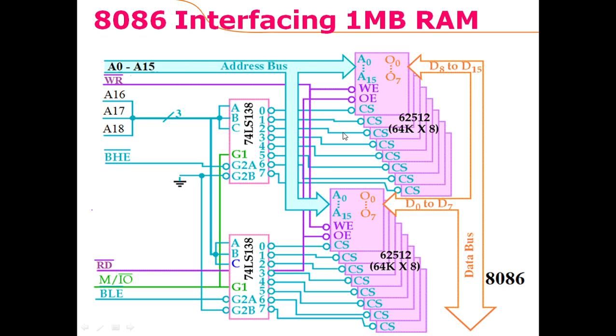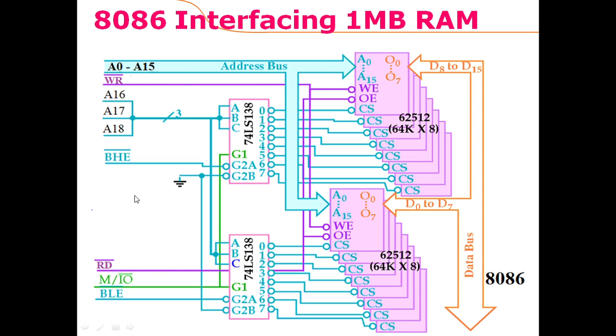The read and write control signals are connected with the output enable and the write enable pins of every chip. And the 3 pins A16 to A18 are connected with 2 decoders, and these decoders would choose one chip in either of the 2 groups, as in the earlier example.